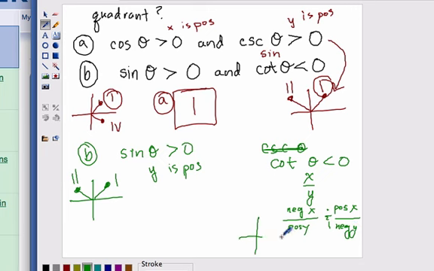So a negative x and a positive y, that's quadrant 2. And then a positive x and a negative y, that's quadrant 4. So we see both of these have quadrant 2. So quadrant 2 meets both conditions. So the answer for part B is quadrant 2.